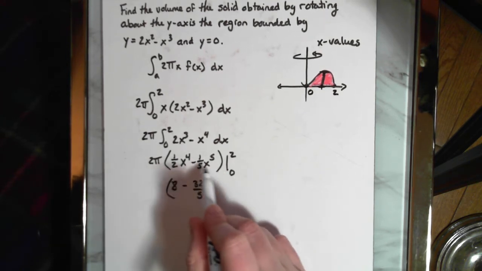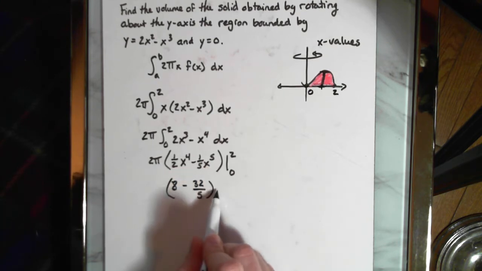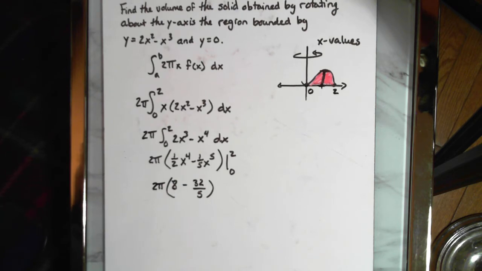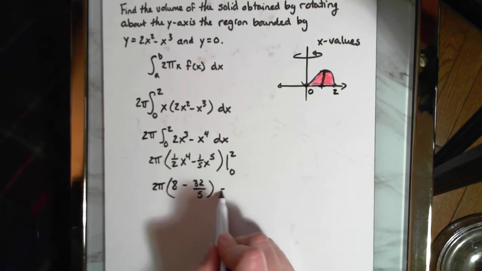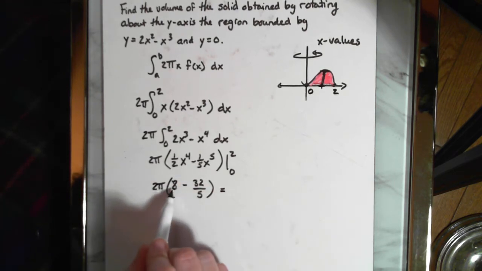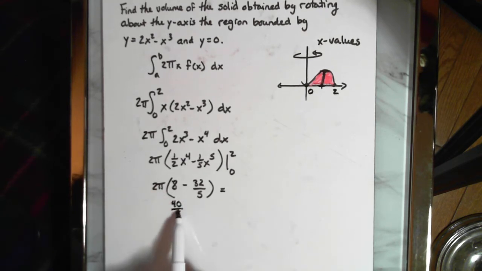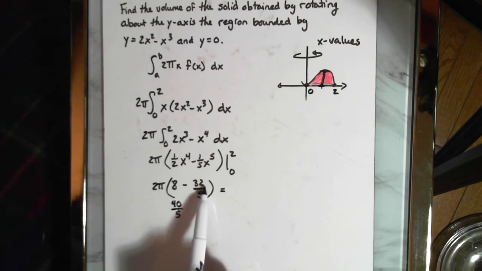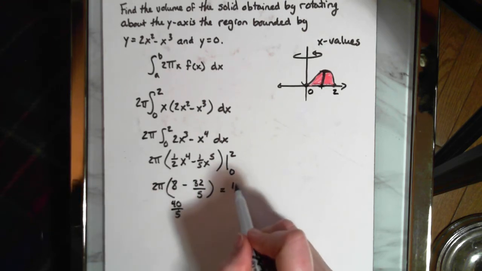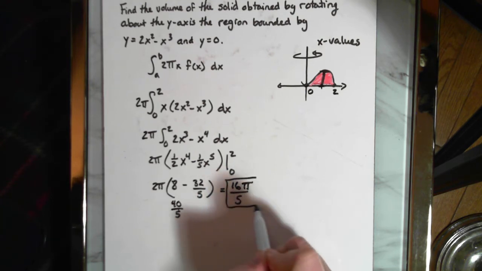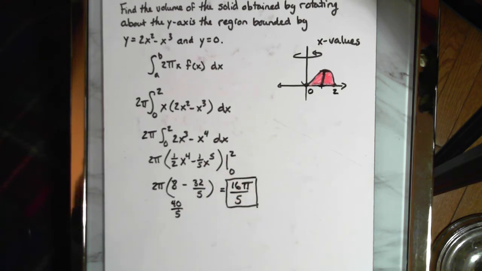If I put 0 in, I'm just going to get 0, so I'm not even going to write it because that's not going to make any difference in my calculation. Now I can get common denominators here. 8 is 40 over 5, and 40 minus 32 is 8, and 8 times 2 is 16. So this is 16 pi over 5, and that's my final answer for that one.